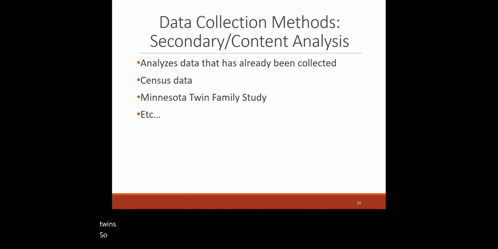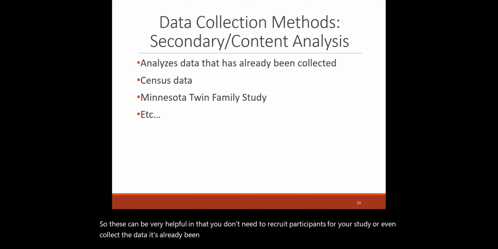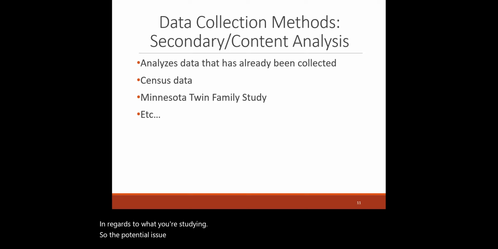These can be very helpful in that you don't need to recruit participants for your study or even collect the data. It's already been collected. You're just analyzing it in regards to what you're studying. So the potential issue here is, is there data that already exists that's even appropriate for your study, and making sure that data is of good quality.